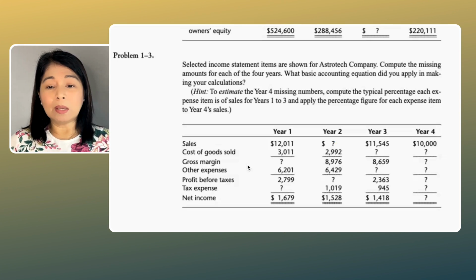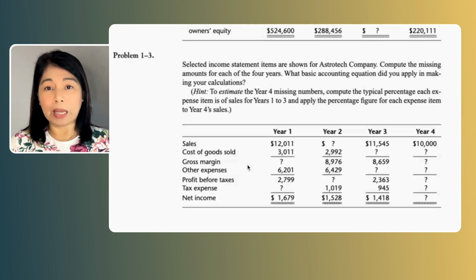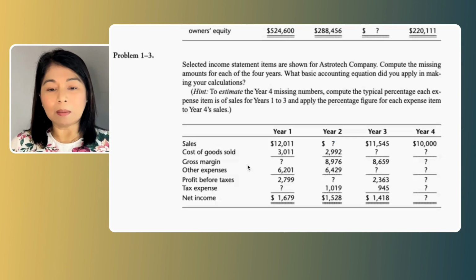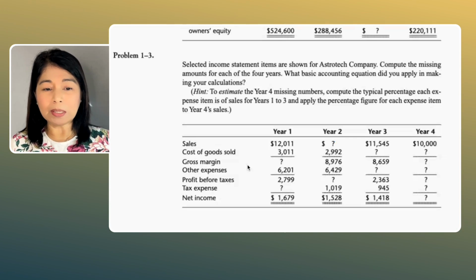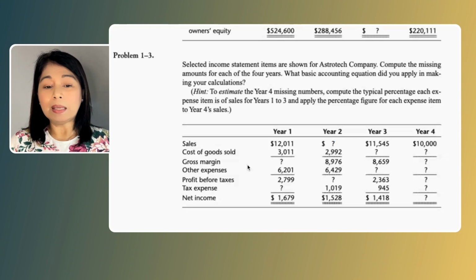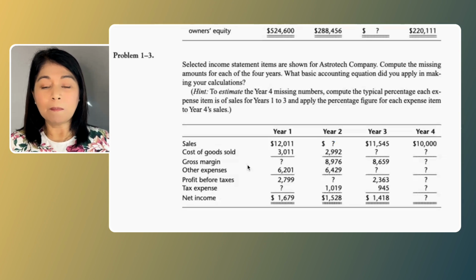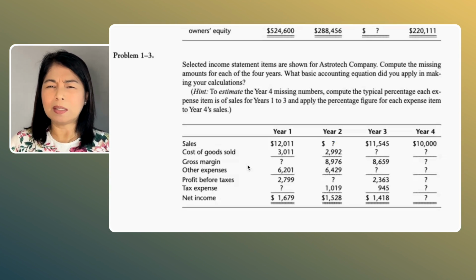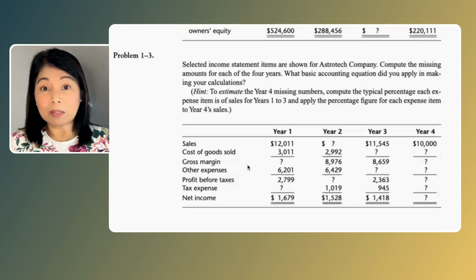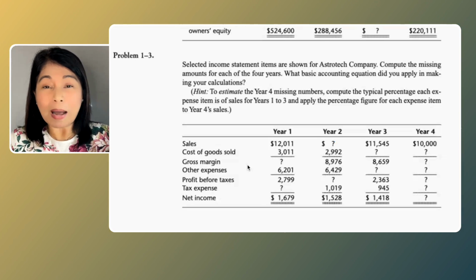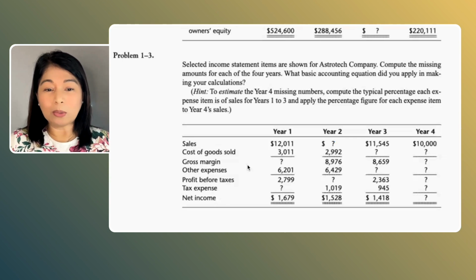What basic accounting equation did you apply in making your calculation? The hint is, to estimate the year 4 missing numbers, compute the typical percentage each expense item is of sales for years 1 and 3 and apply the percentage figures for each expense item to year 4 sales. Isn't that so difficult to understand? Okay, we will go back to this parenthesis when we get to year 4.